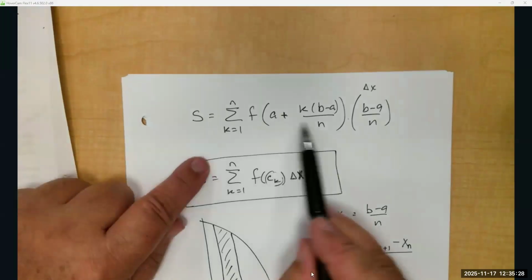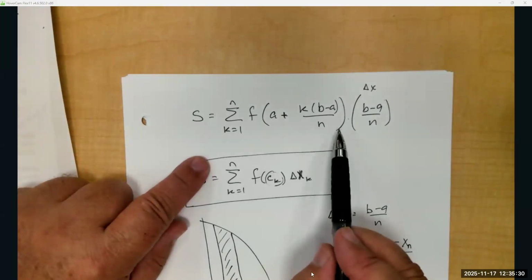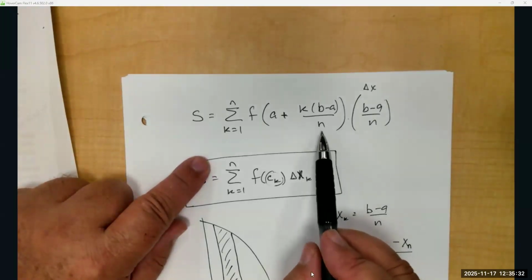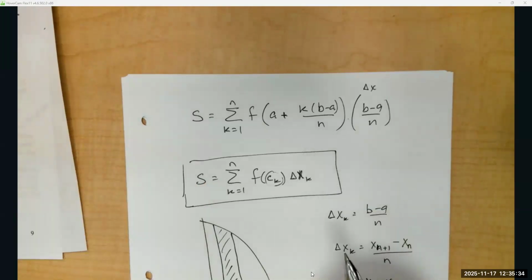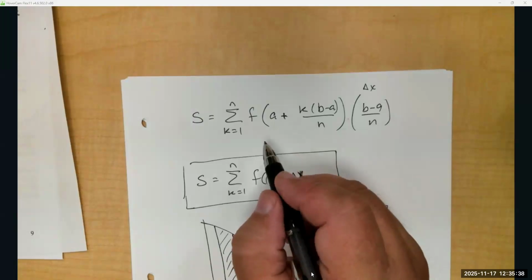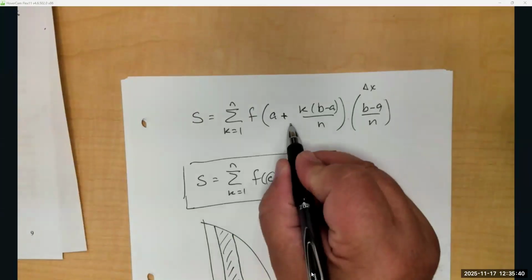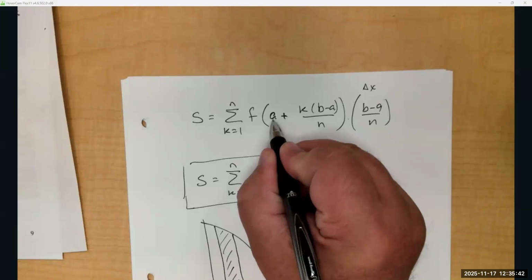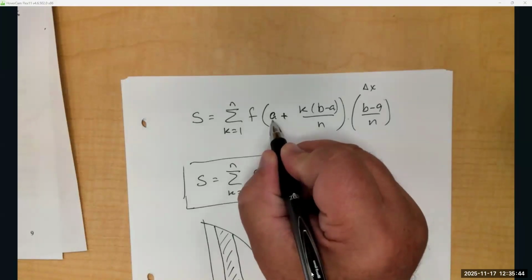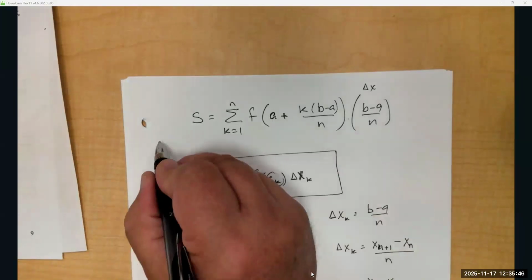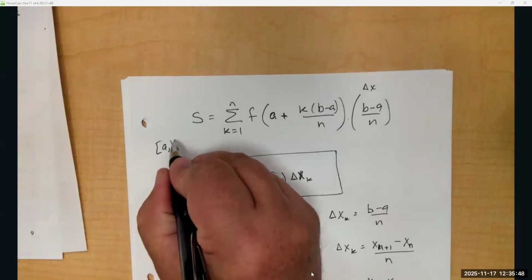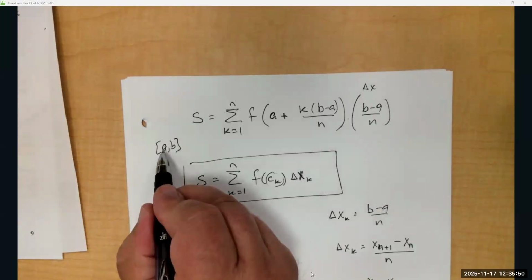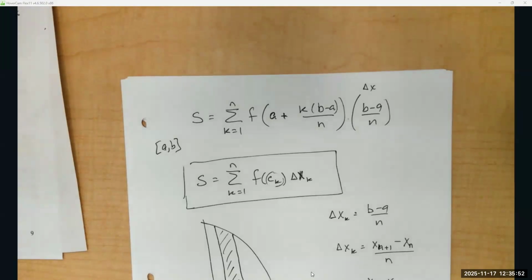So now, look at this one here. This one is used specifically on our example here. You start off with a. What does a represent? A represents the lower bound of our interval.